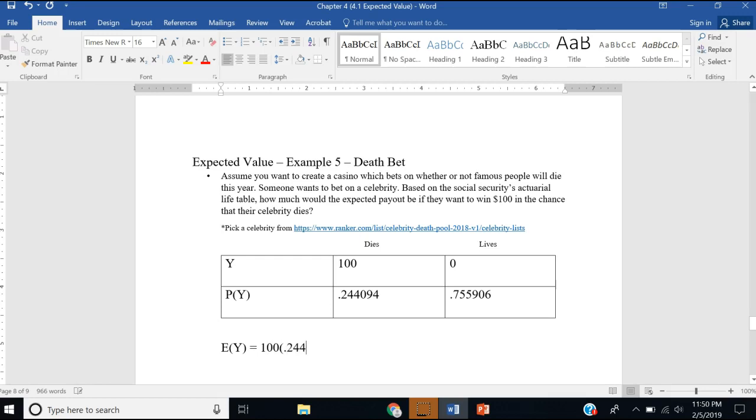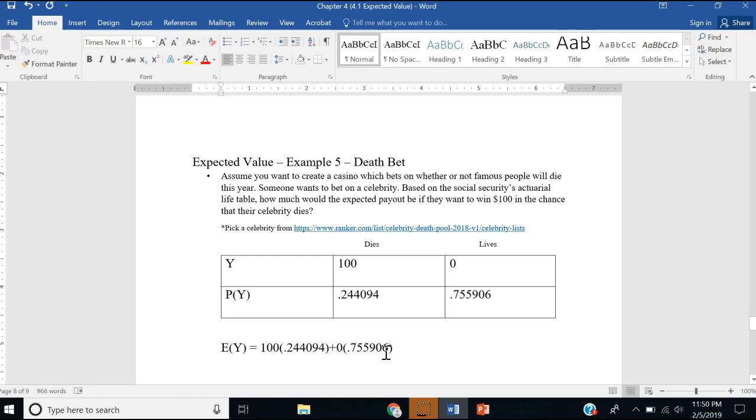Now, one thing you'll probably start noticing is that every time I calculate the expected payout, really this first multiplication is the only one that's actually going to matter, because anything multiplied by 0 is just going to be 0.